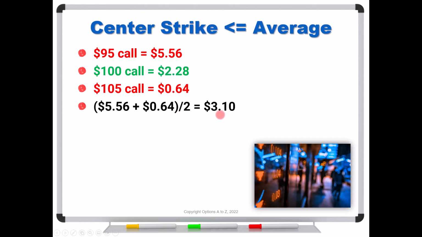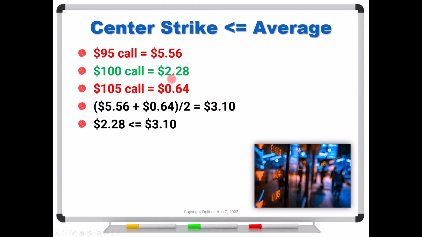And so the relationship says that the center strike must be less than or equal to this number. So is 2.28 less than or equal to 3.10? Yes, it is. And that will always be true. The center strike must be less than or equal to the average of the outers. So we also know that the maximum value this $100 call could ever have would be $3.10.